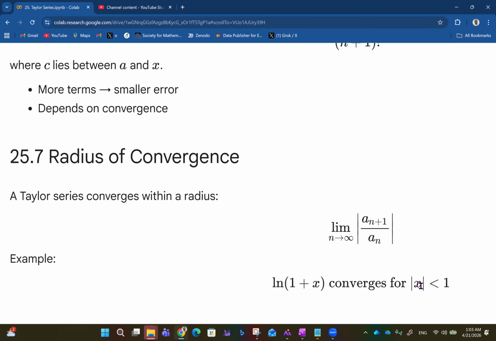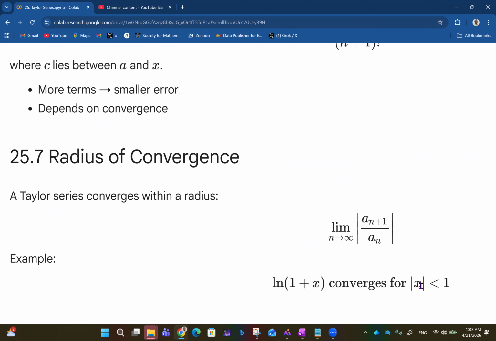Okay, I think I want to make this bigger. I don't need so much space like I used before.